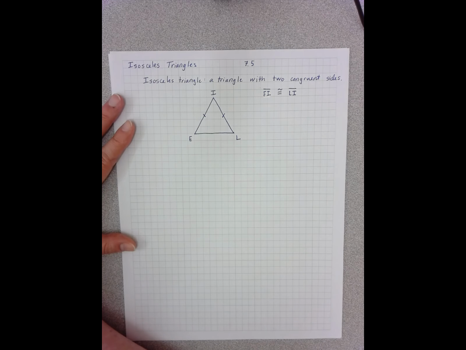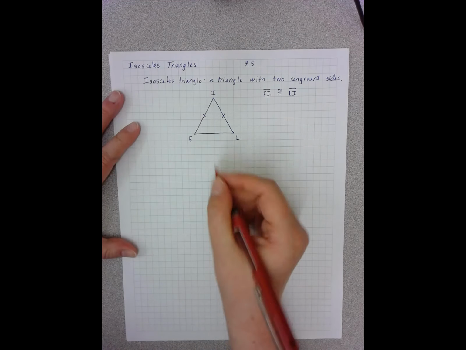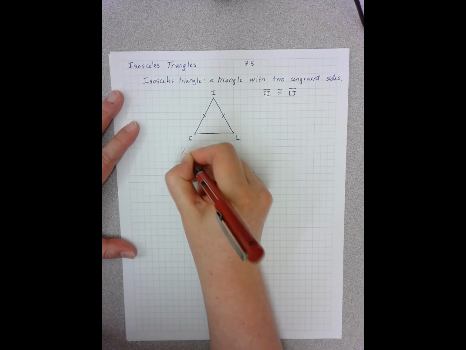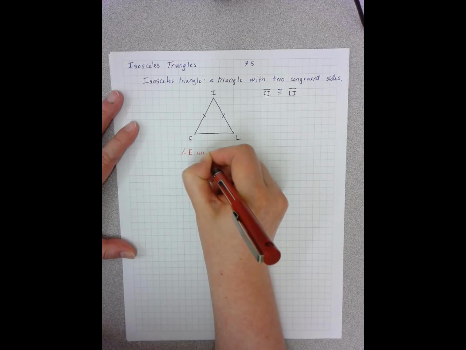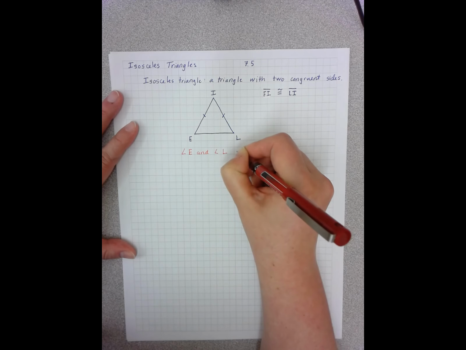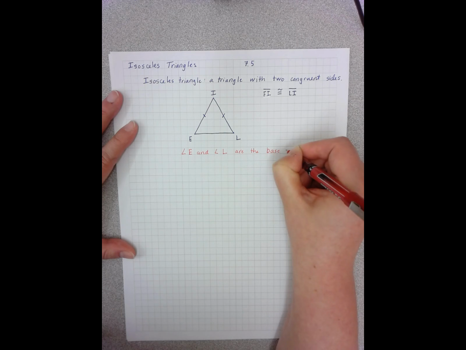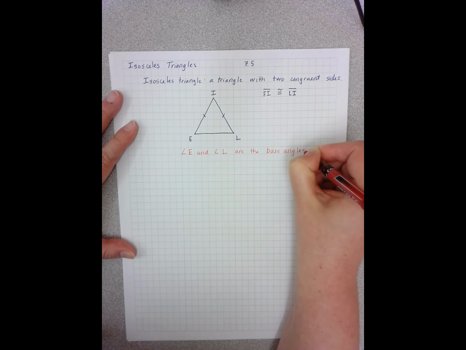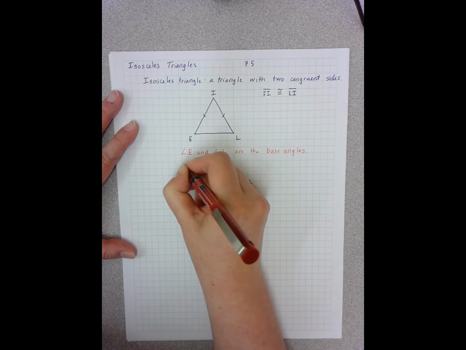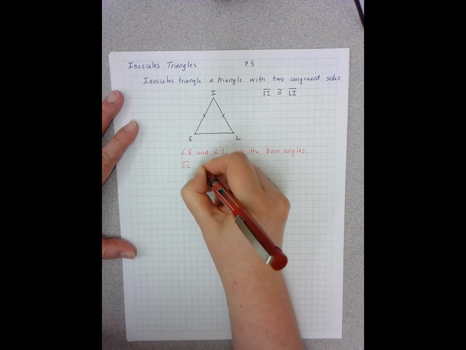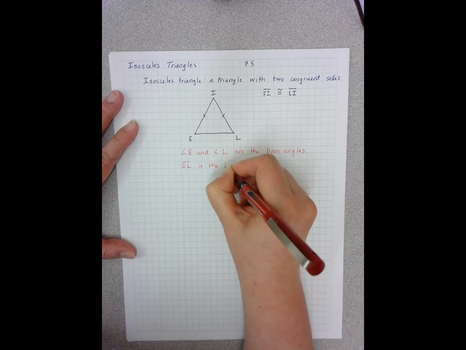Now, in order to talk about these isosceles triangles, we actually have to name a whole bunch of other things here. So, one thing we're going to say is that angle E and angle L are the base angles. And line segment EL is the base.